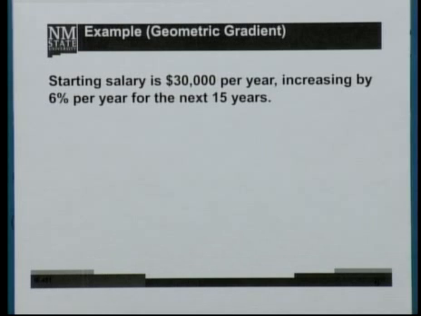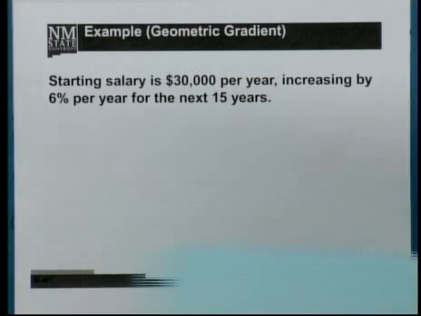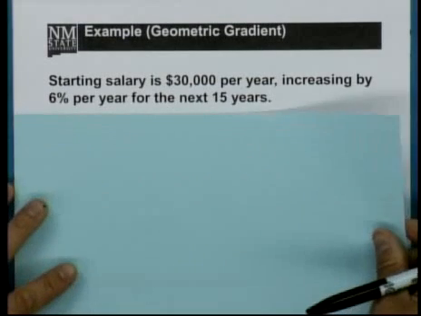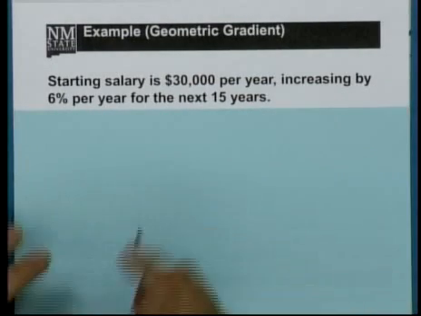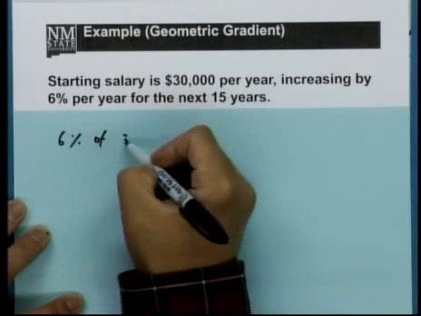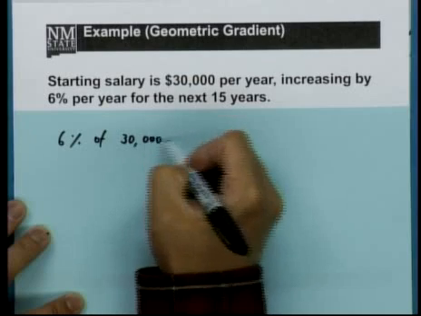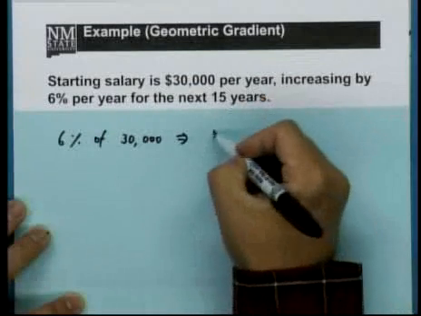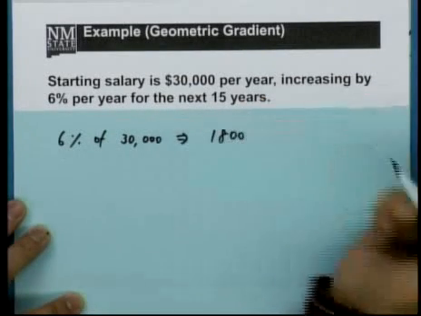So the 6% of 30,000 is how much? Is 1,800, right?